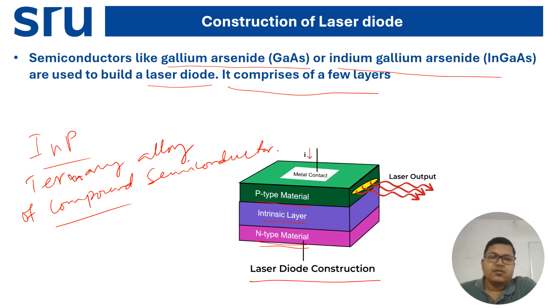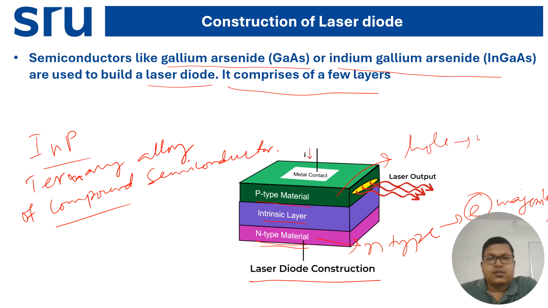As you may be aware, N-type means electrons are the majority carriers, and P-type means holes are the majority charge carriers.